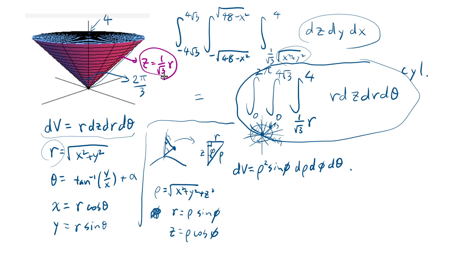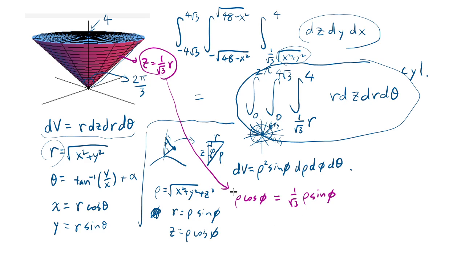So in order to change this equation into the spherical coordinate system, we have to bring it down here and replace z as rho cosine phi equals 1 over radical 3 rho sine phi, because r is that.